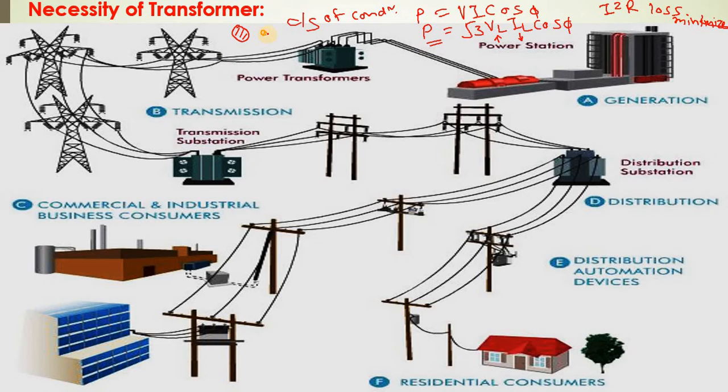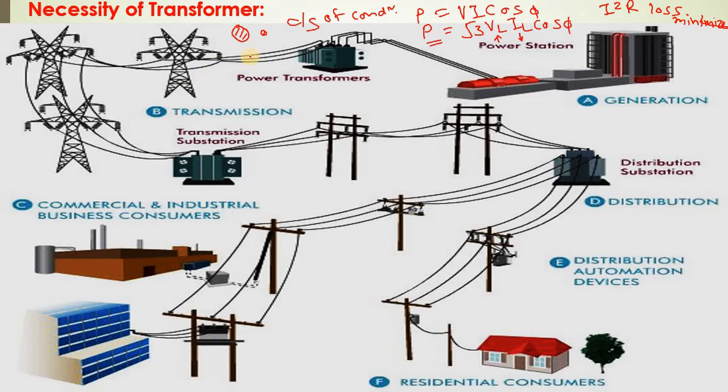So with a decrease in the conductor cross section, the structure required for the transmission line conductors, that is the mechanical structure of this tower, its requirement will get reduced.